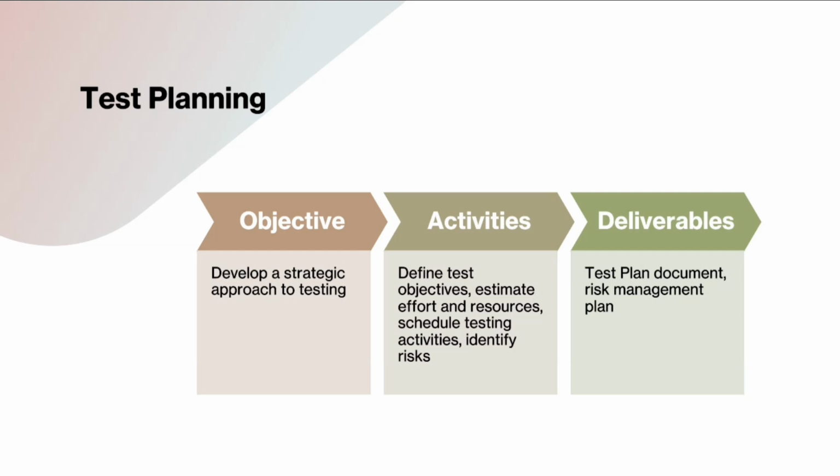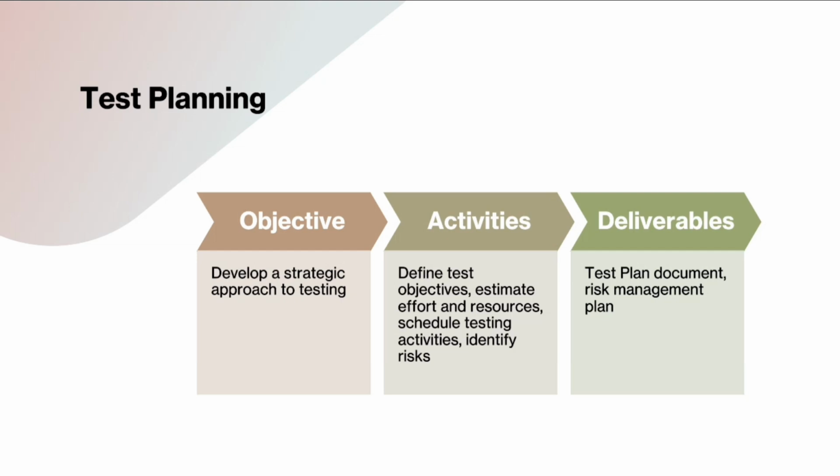Those things come under the test planning objective, and here are some activities we need to follow. We have to define the test objective, estimate our testing effort and testing resources, and schedule the testing activities. We also have to identify risks and defects, and prioritize our defects.